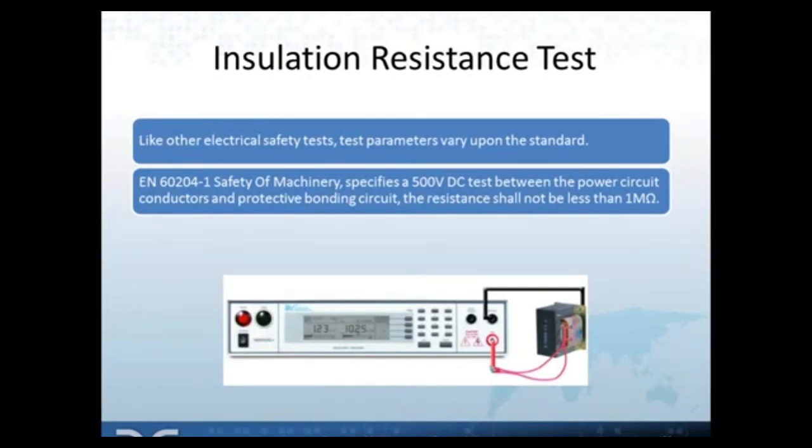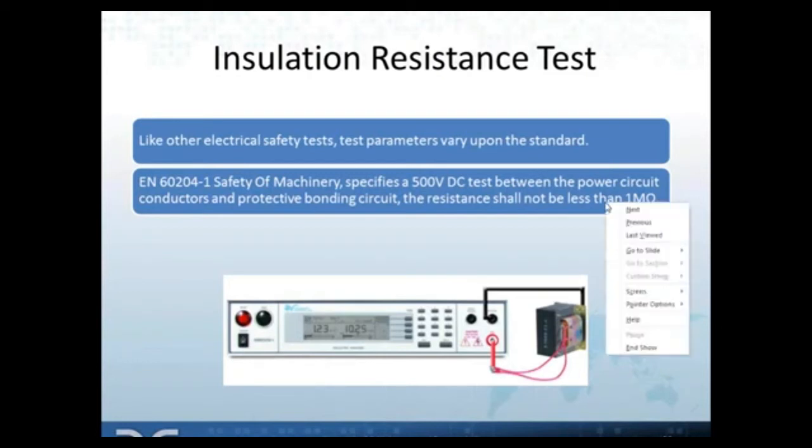Like other electrical safety tests, the test parameters of an IR test should also be based upon the standard that the manufacturer is trying to comply with. Here's an example from the EN 60204-1, which is the standard for safety of machinery, which specifies a 500-volt DC test between the power circuit conductors and protective bonding circuit.